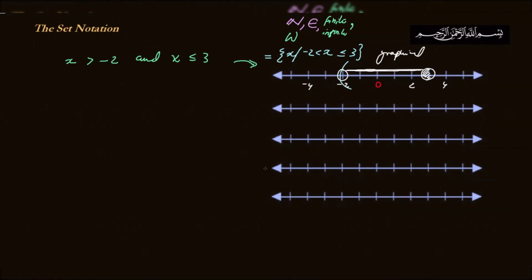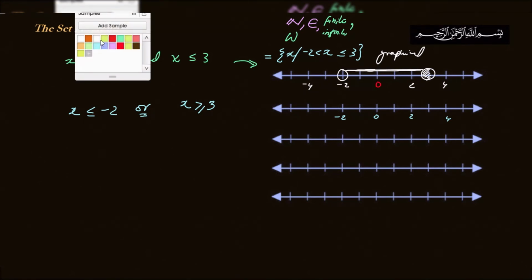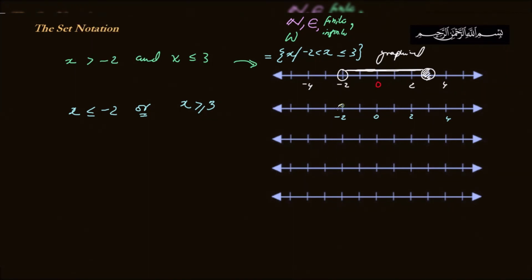On the other hand, if we take this particular example, x is less than or equal to -2, or x is greater than or equal to 3. In that case, I have -2 over here, and 0 over here, and 2, and this is 4. The way you would draw this out is x is less than or equal to -2, closed like here, and the arrow goes this way.